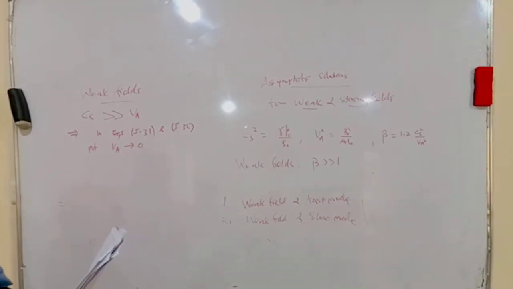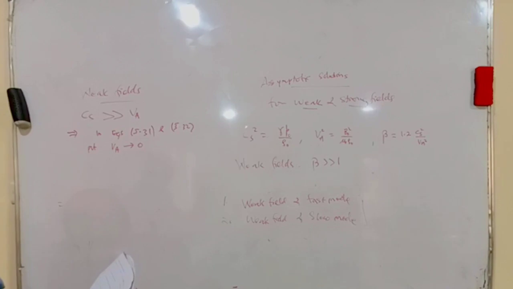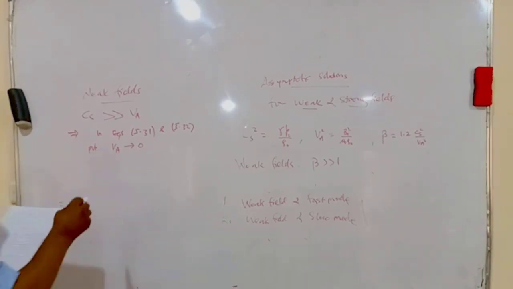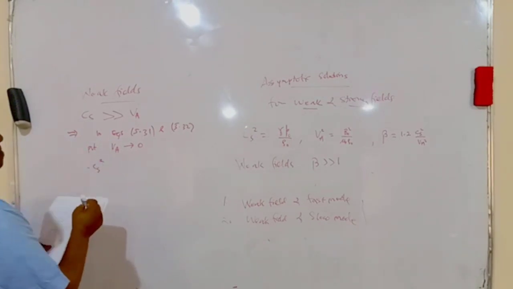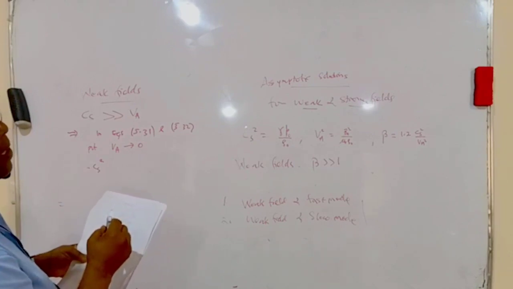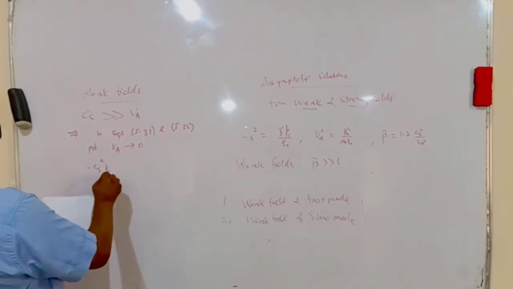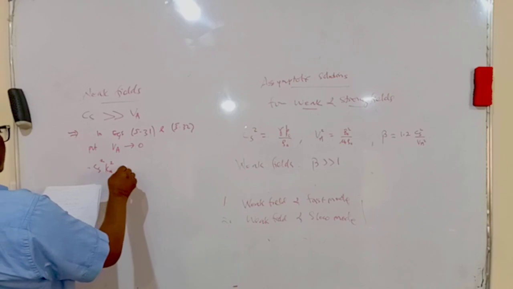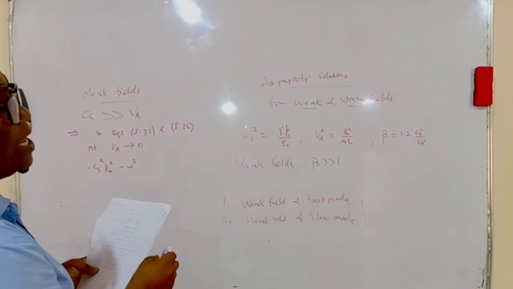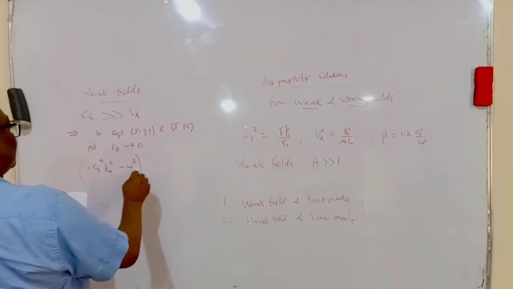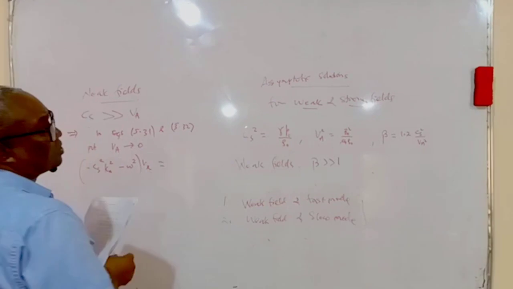And what we are going to get will not surprise us. We will have minus CS squared kx squared minus omega squared, all multiplied by Vx, is equal to what?